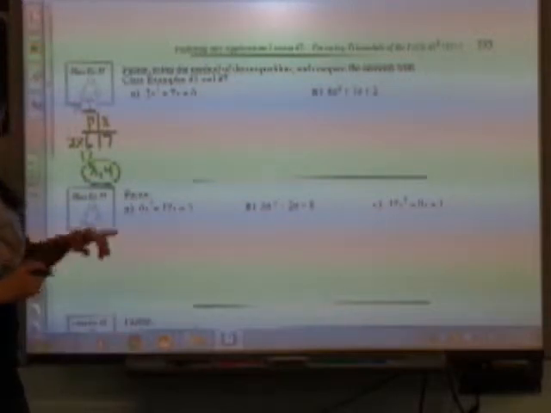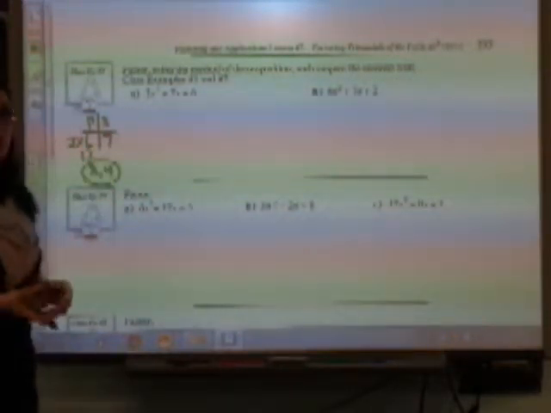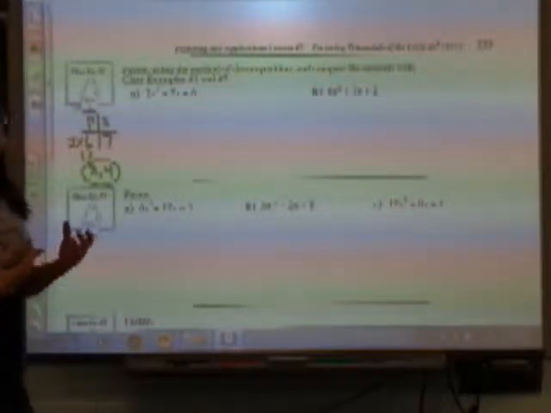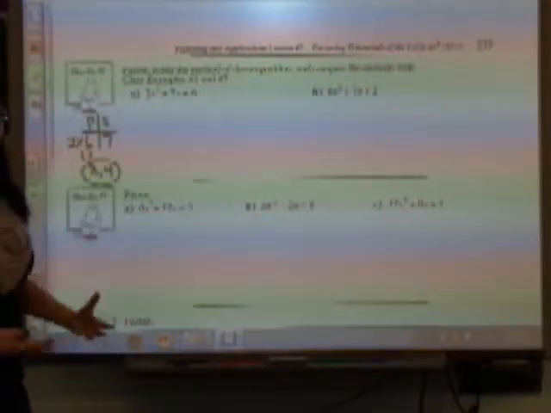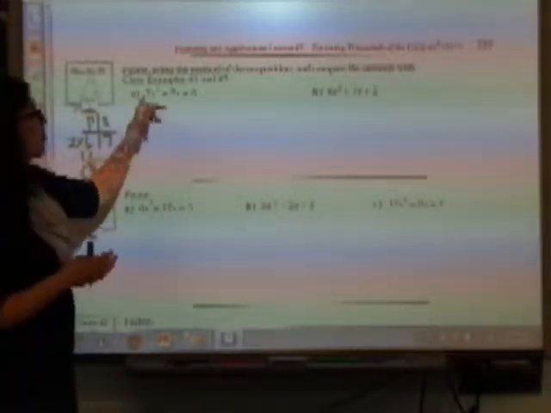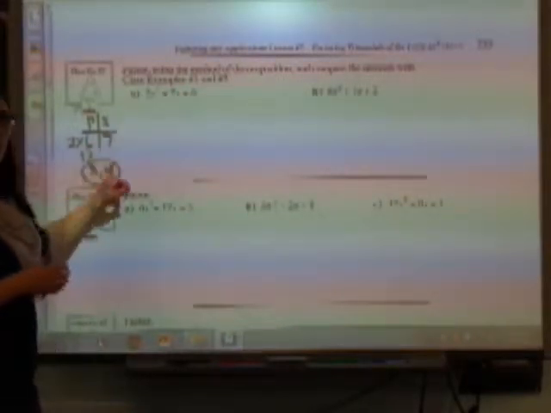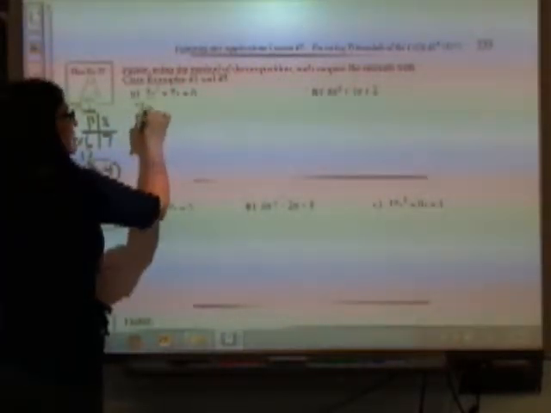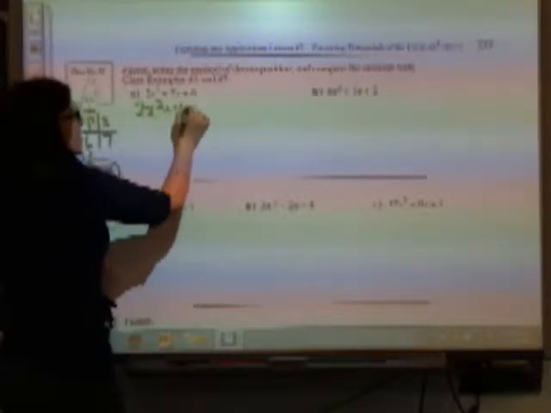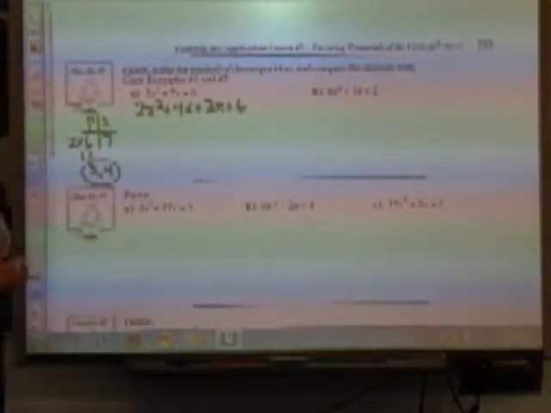Then what I do with the 3 and the 4 is I rewrite 7x as 3x plus 4x. And it doesn't matter which one I put first and which one I put second. Although if I look at my numbers 2 and 6, I should think, you know what, 4 goes closer with 2, and 3 kind of matches up with 6 because of those common factors.